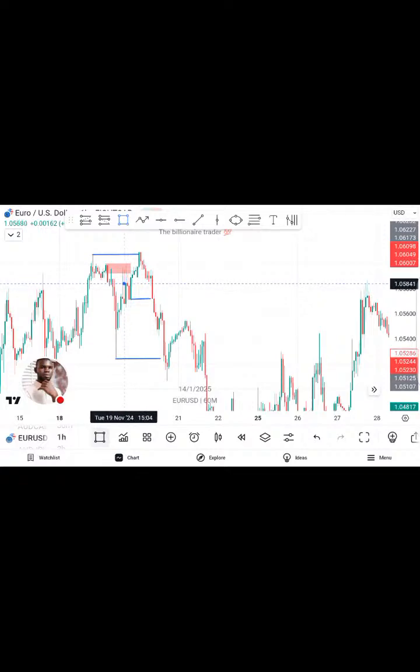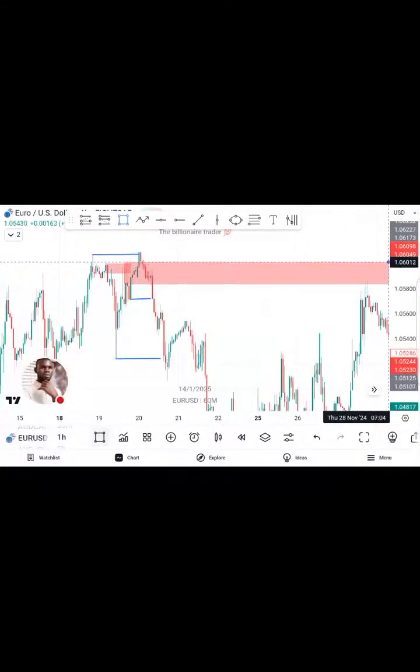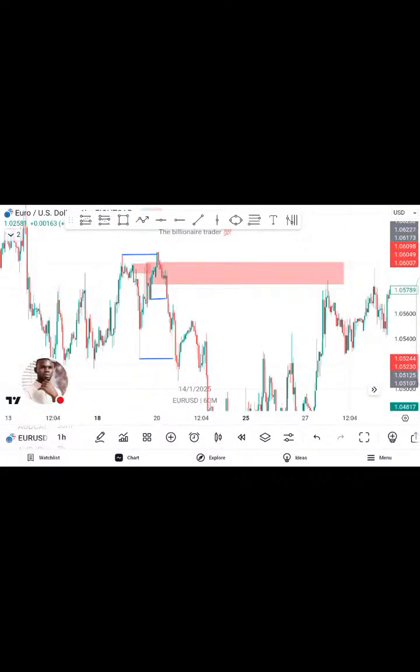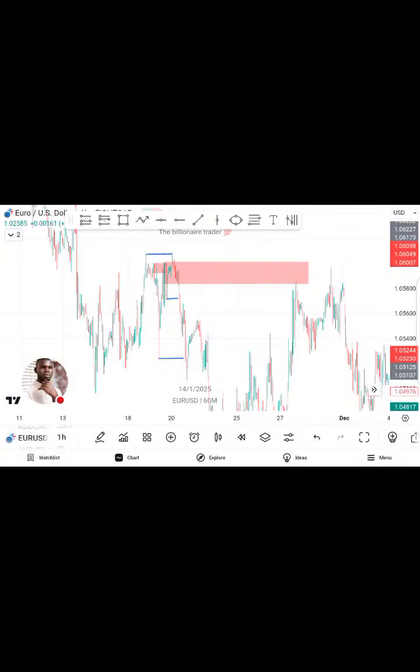I'm using the wick of that candle. So let's trace it out. As you can see, that's exactly where price came back to and we have the next sell.